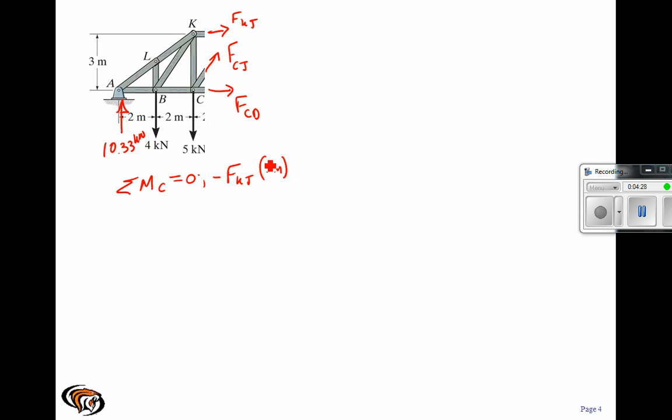Notice the 5 kilonewton applied force does not produce a moment because it passes through point C. The 4 kilonewton force, however, produces a positive moment of 4 times 2.